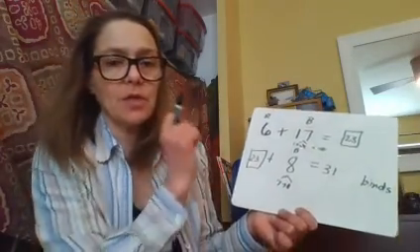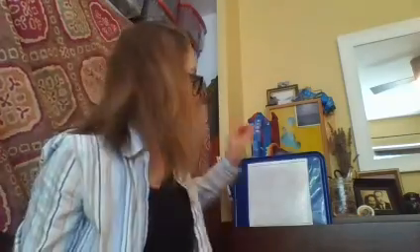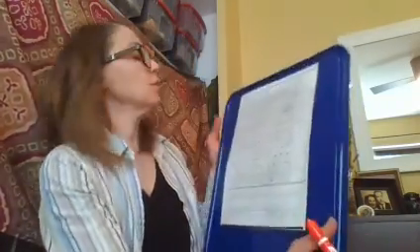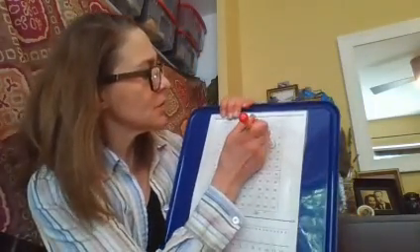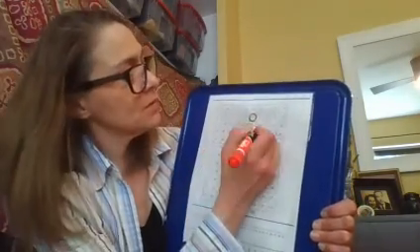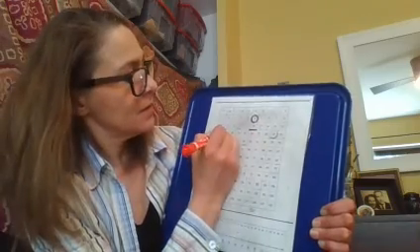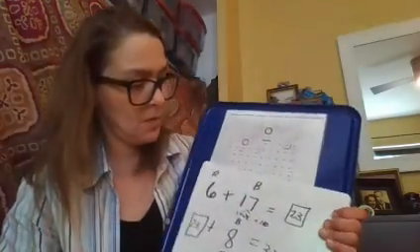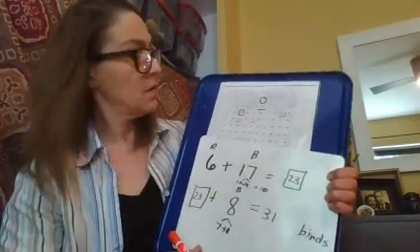Let's go ahead and double check on my hundreds grid and see if that's correct. Right, so I started with 6 red birds, in a circle 6, and I added 17. So 17 is 1 ten and 7 ones. 1, 2, 3, 4, 5, 6, 7, and then I'm at 23, and that was where I got the first time. 23.